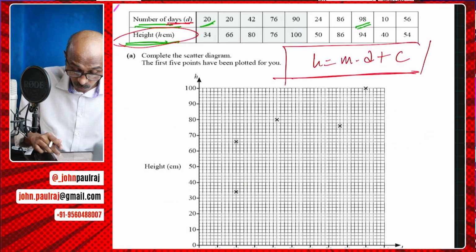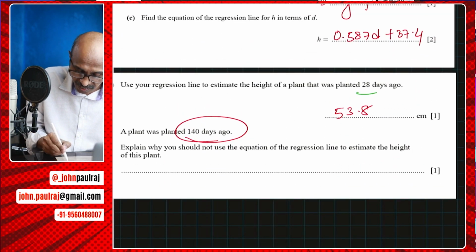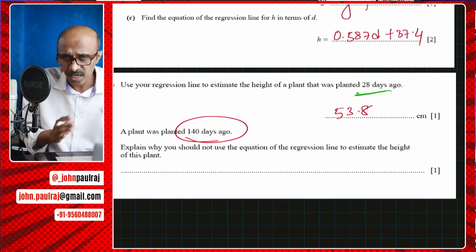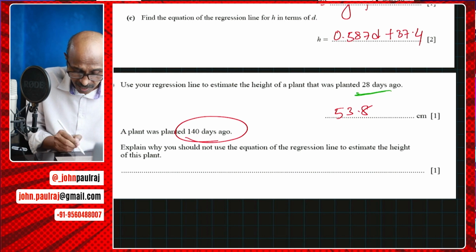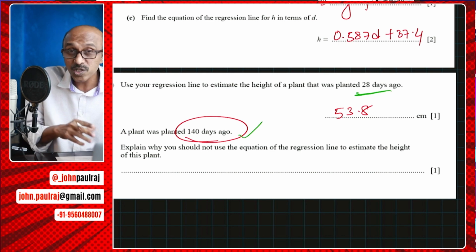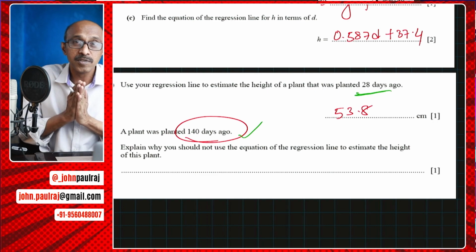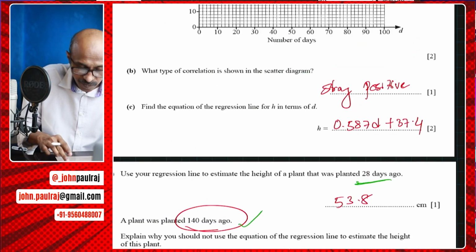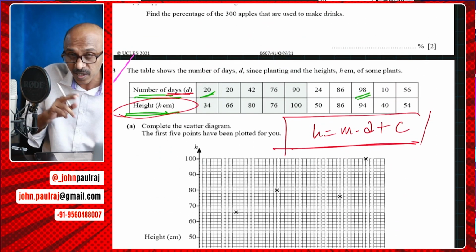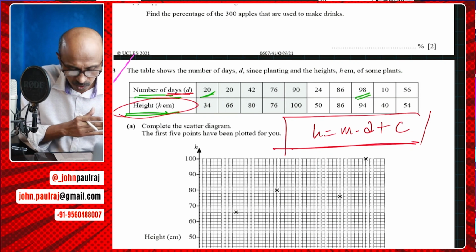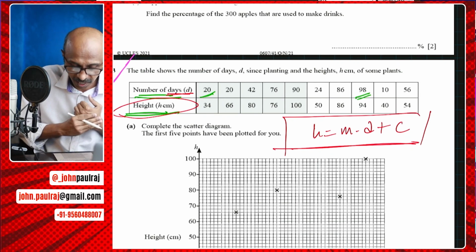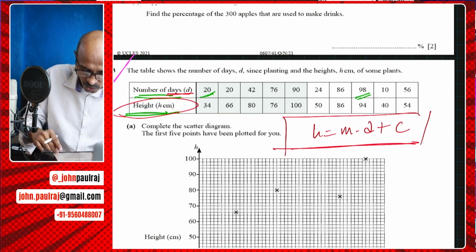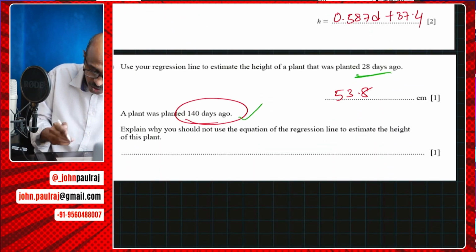That's why when you had something like 28 days, 28 is in between 20 and 98, right? Good to use. But 140, that's outside of the domain, or the range of values for d. Outside of that, we use another word called extrapolation, but you don't need those kind of fancy words for IGCSE 0607. So you can clearly say why you should not use.